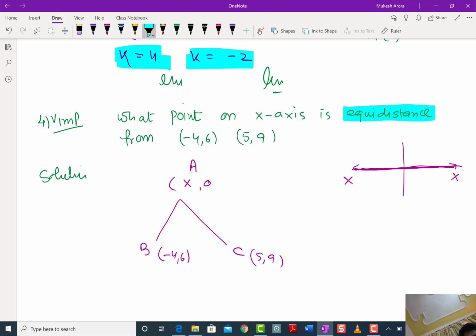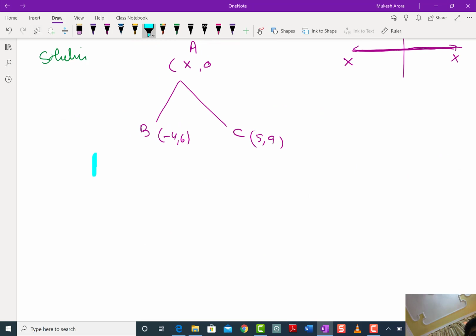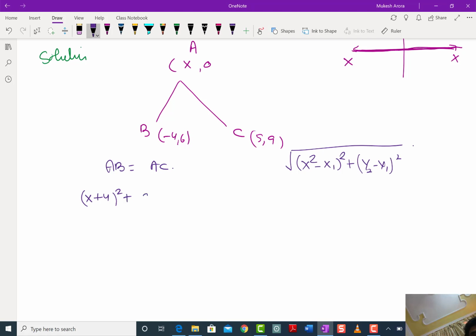So equidistance. From the question it says that AB is equal to AC. The formula is the square root of x2 minus x1 raised to the power 2 plus y2 minus y1 raised to the power 2. So it is the square root of x plus 4 raised to the power 2 plus 0 minus 6 raised to the power 2, equal to the square root of x minus 5 raised to the power 2 plus 0 minus 9 raised to the power 2.